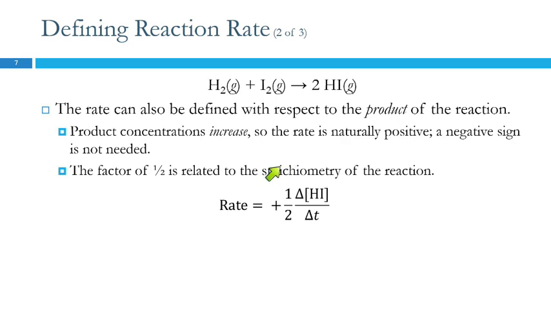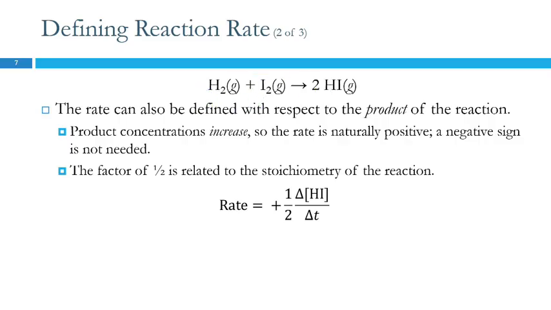Stoichiometry also is going to affect the rate of the reaction compared to the rate of product formation, right? So we get 2 HI formed for every 1 hydrogen that reacts. This is going to be being created twice as fast as these guys are disappearing.